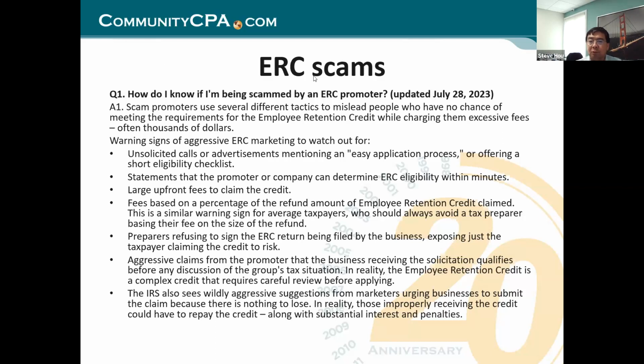Make sure you determine on your own whether you're eligible, because you will be taking that position by signing the ERC claims. It doesn't matter who is helping you, you as a taxpayer are always ultimately responsible for the tax positions taken on tax returns.